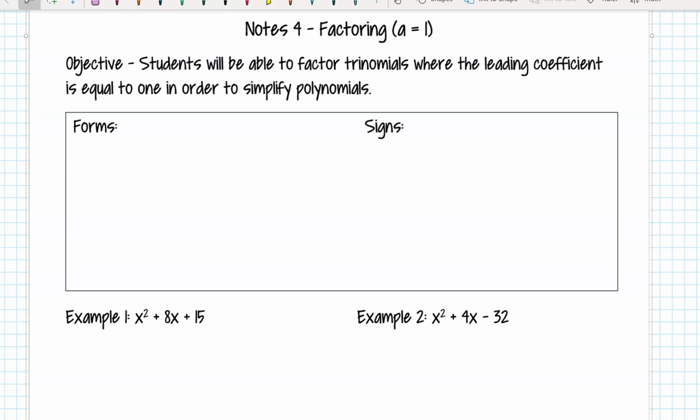Hey everyone. All right, we're going to talk about factoring quadratic expressions, so trinomials. We're going to factor the trinomials where our leading coefficient is equal to 1, and we're going to do this when it's not equal to 1.